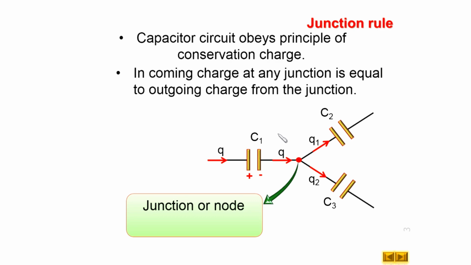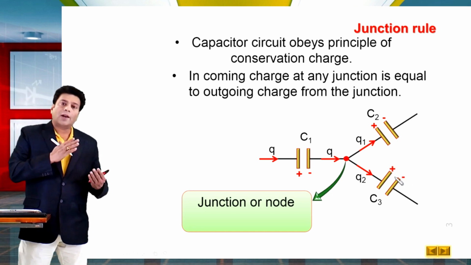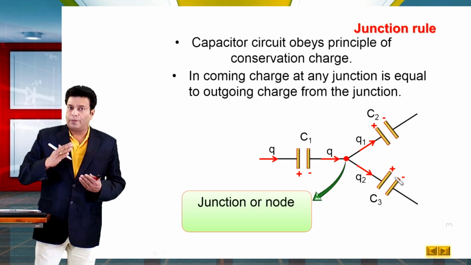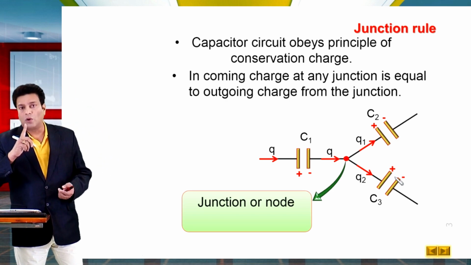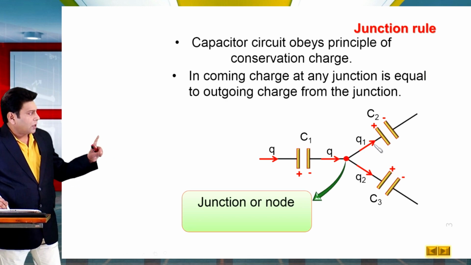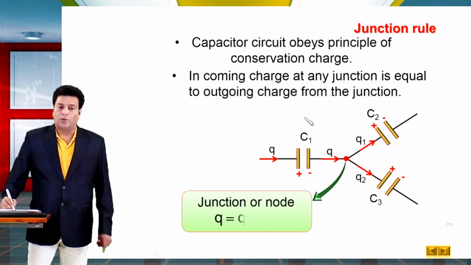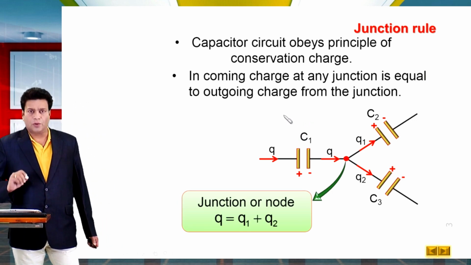So, here we can write this is positive and this is negative, and similarly this should be positive and this should be negative. And according to the junction rule, incoming charge should be equal to outgoing charge. That means Q is the incoming charge, and outgoing charge is Q1 and Q2. So, here we can write Q equals Q1 plus Q2. This is the junction rule.